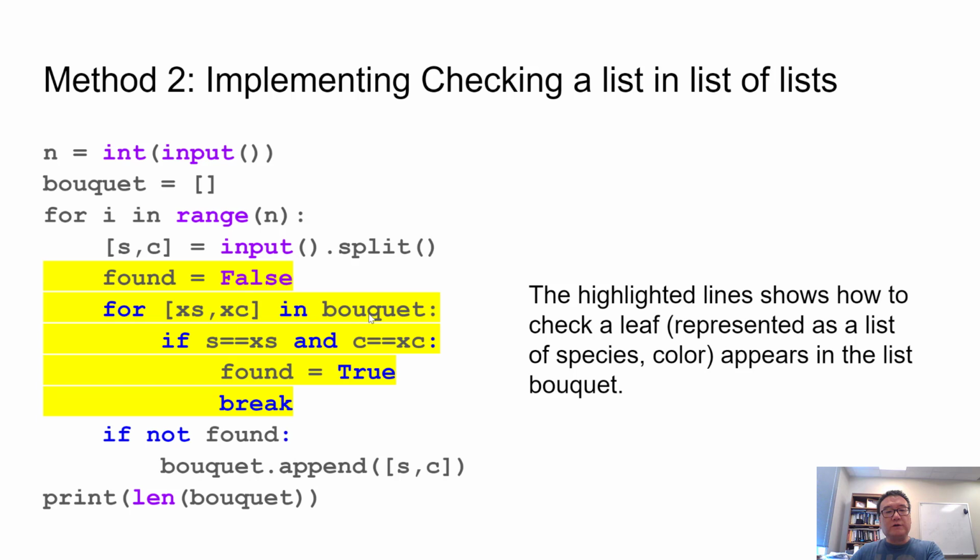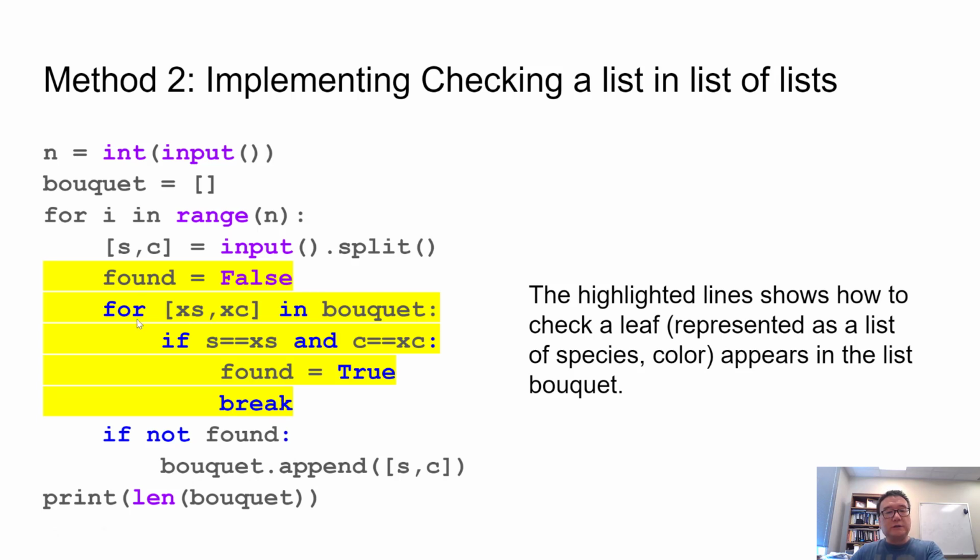Then we loop over all the elements in the list, and if what we are looking for is the same as the thing in the bouquet, for that we require both the species is the same and the color is the same as this thing we are looking through in the bouquet. And when that happens, we have found it. So we set the variable found to be true, and then we break.